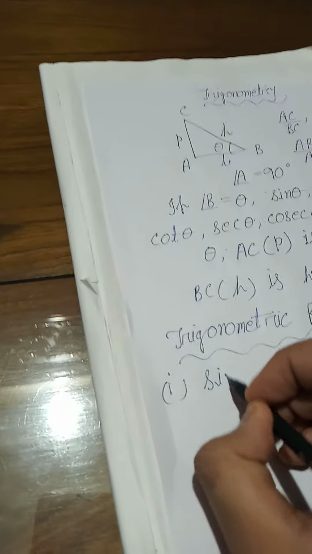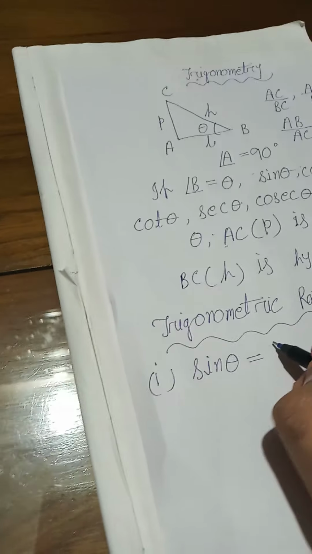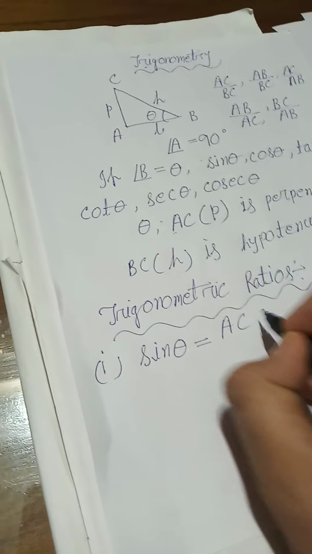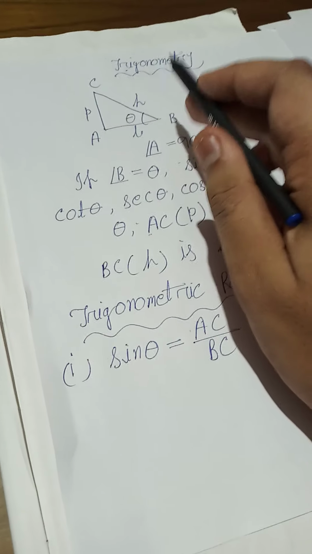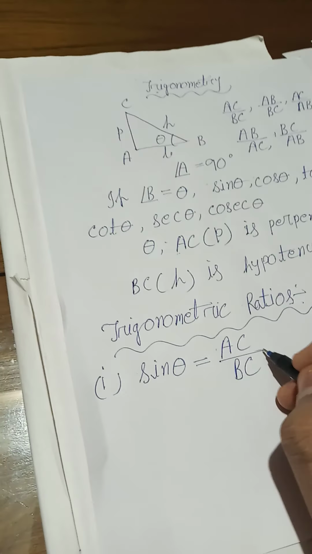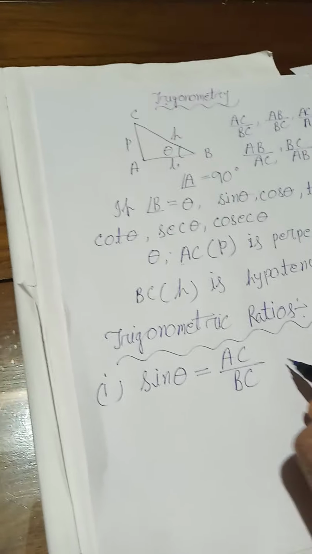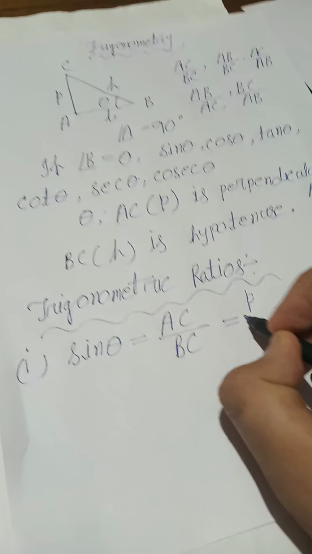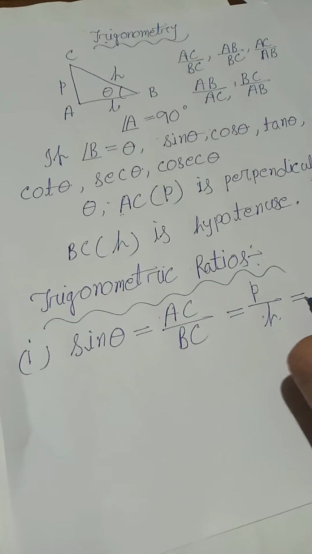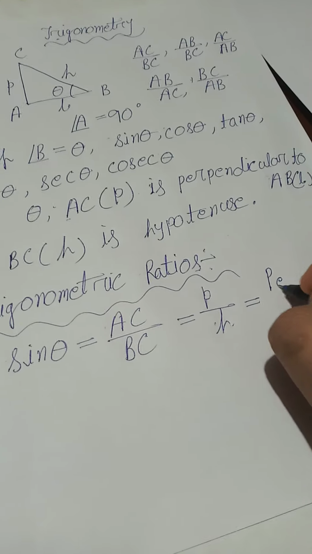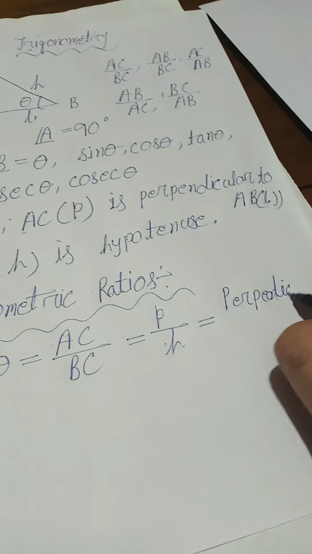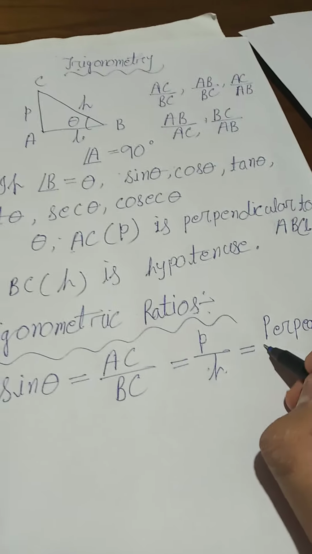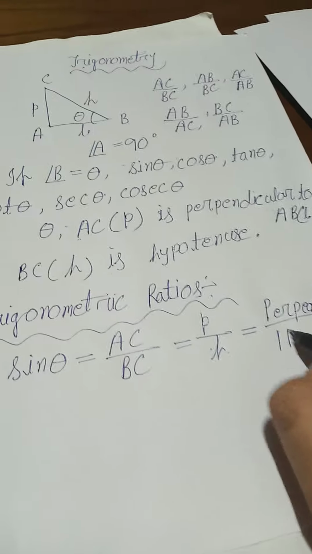Now number 1 is sin theta, which is AC by BC as compared to this triangle, this figure, which is small p by capital H, that is perpendicular divided by hypotenuse.